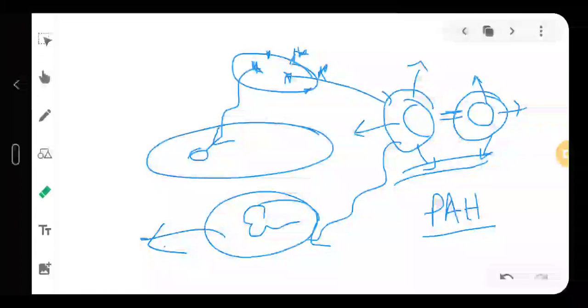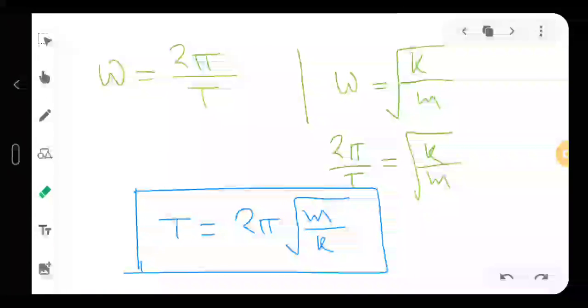Okay, now the last part of oscillation is damped oscillation and forced oscillation. So what is damped? In simple harmonic motion, I have said that it is called simple because it is very easy for us to analyze. In simple harmonic motion, the time period is always the same. That means when it completes one full oscillation, the time period is the same.